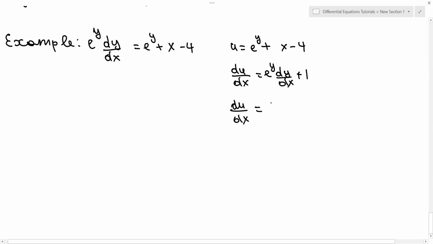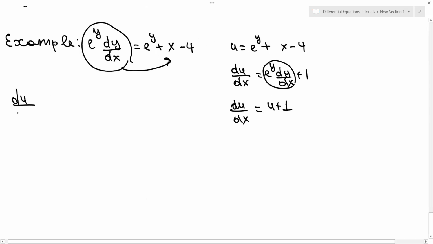We can just write it as u plus 1, because this part is equal to this part. So instead of this, we can just write u, and we write u plus 1. So here we have du over u plus 1 is equal to dx.